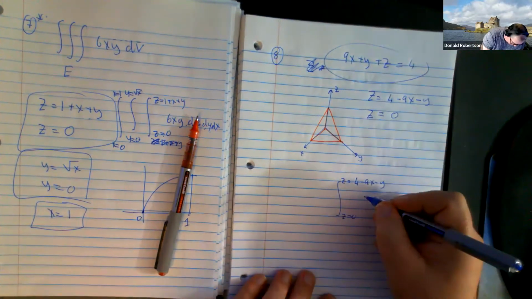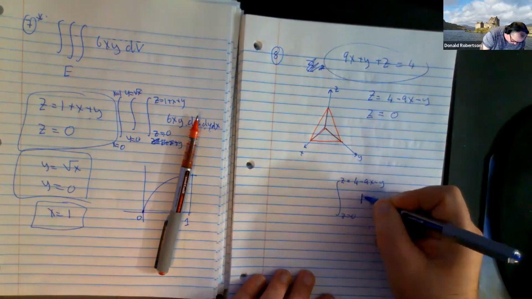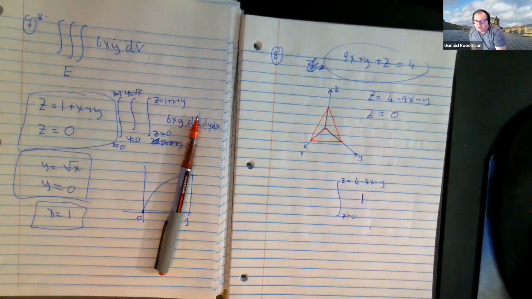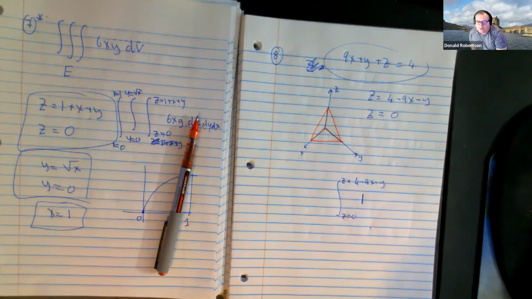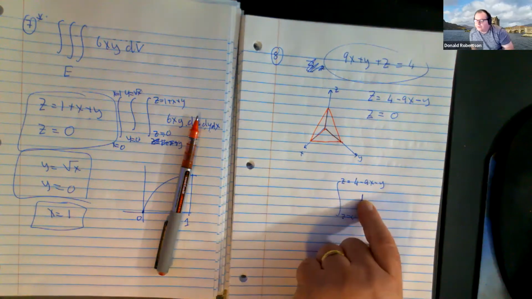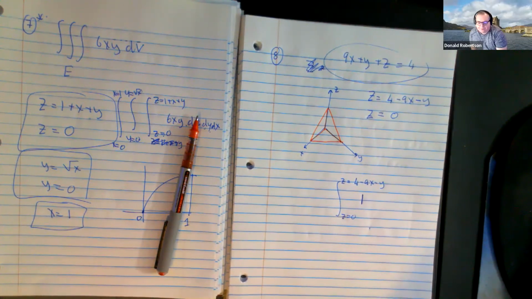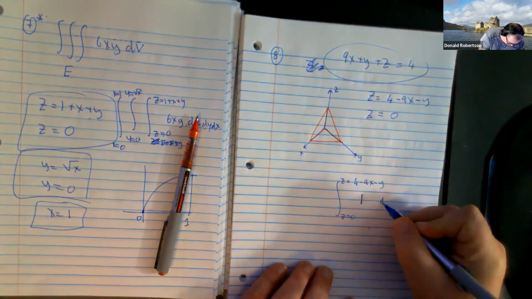And you might be thinking, what function goes here? 1 goes here, because we're actually going to be finding the volume of this tetrahedron. And a triple integral gives you the volume of a region, in this case the tetrahedron, if you plug a 1 in there. Now, that's dz done.